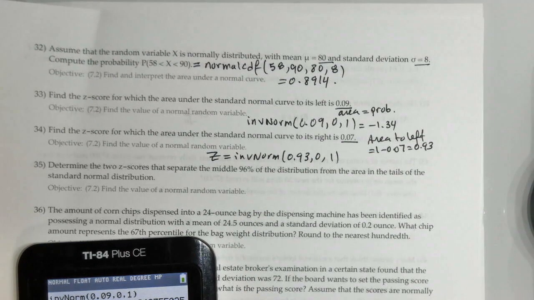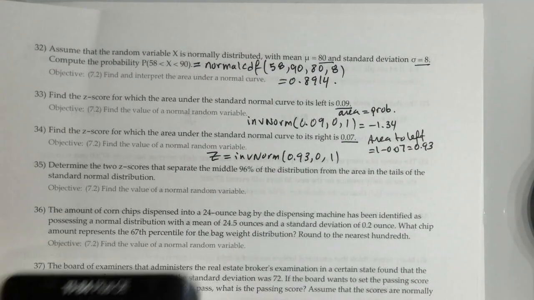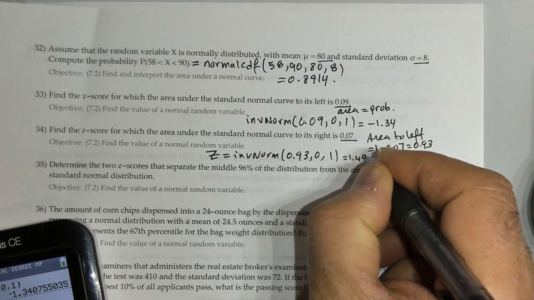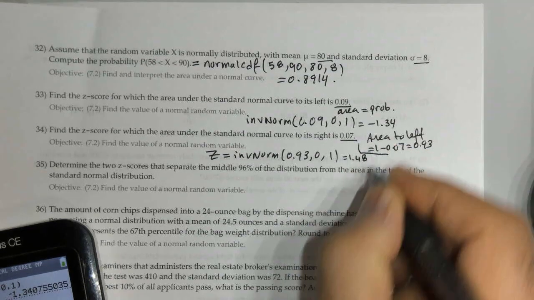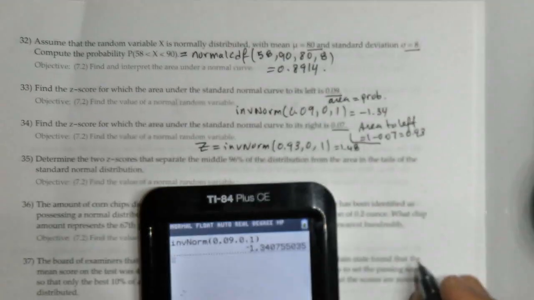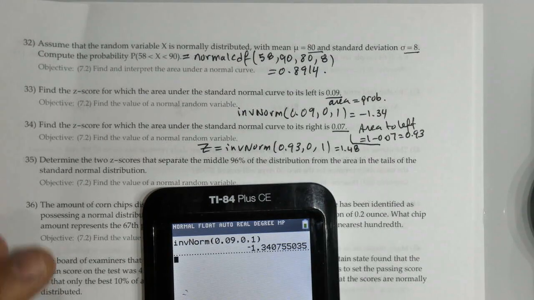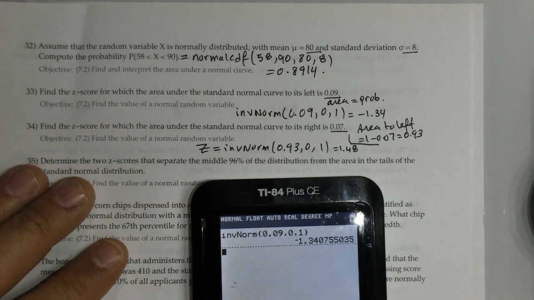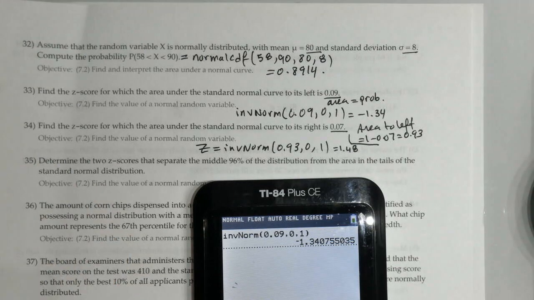And then you get the answer, which is going to be 1.48. Now, some students might have a calculator that says left, right, center. If you have the calculator that says left, right, center, you can put inverse norm 0.07, but make sure at the bottom you select right, because he gave you this to the right, and then you should get the same answer.